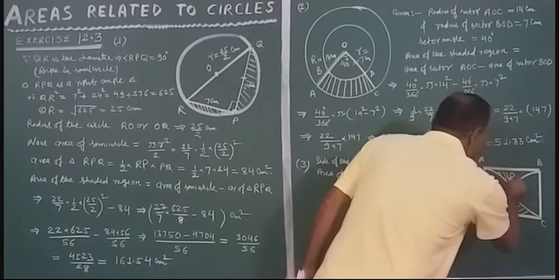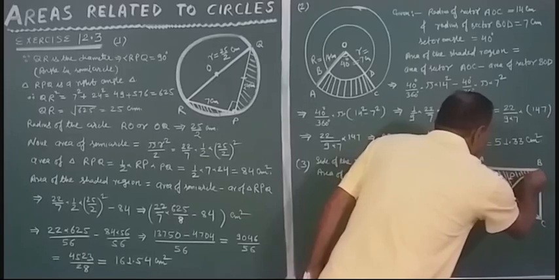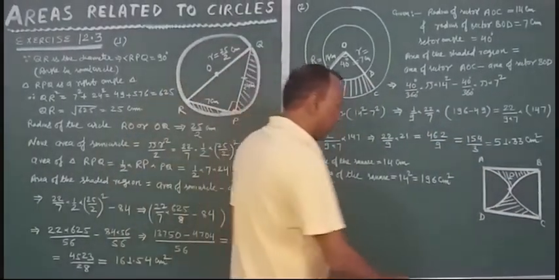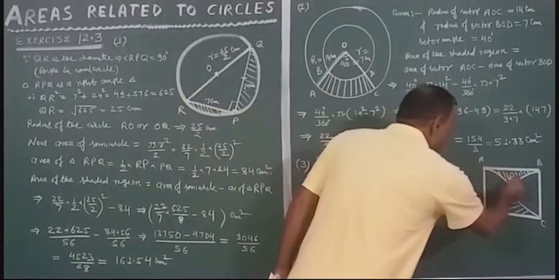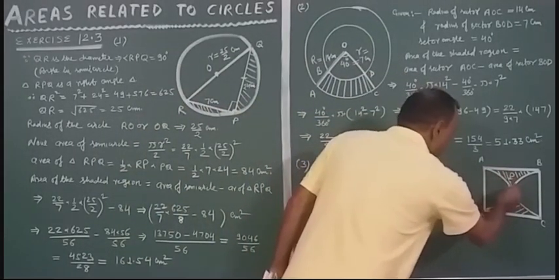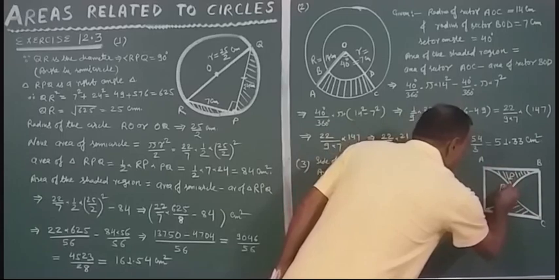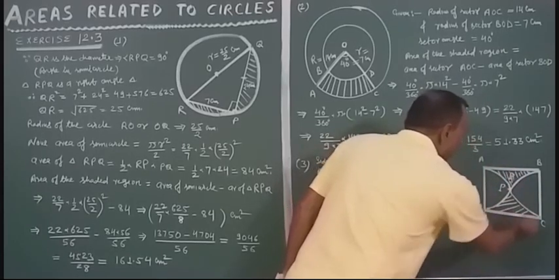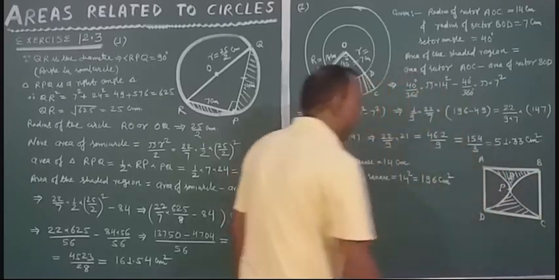This is the shaded area. So this shaded area will be equal to area of the square minus area of the semicircle APD plus area of the semicircle BPC.